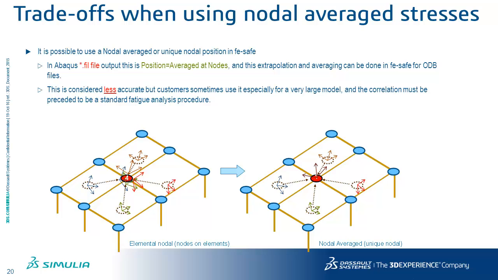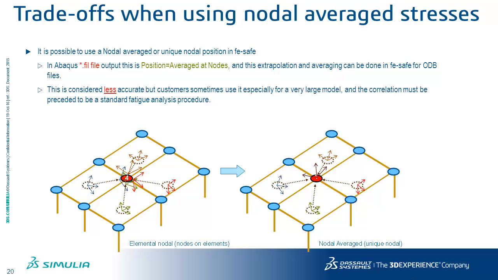But that tensor is averaged by tensorial averaging. So that stress tensor can be like an average of the peaks and valleys, so you may have non-conservative results if you use that.